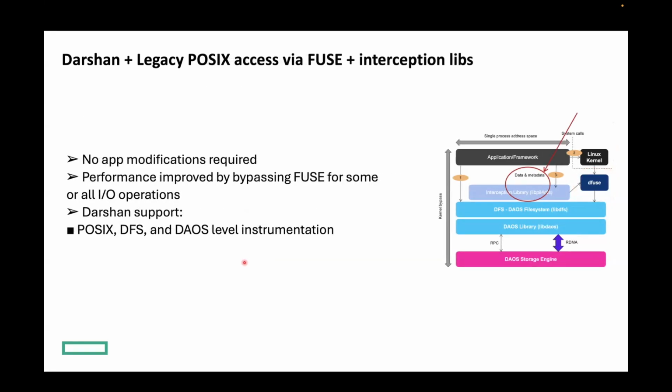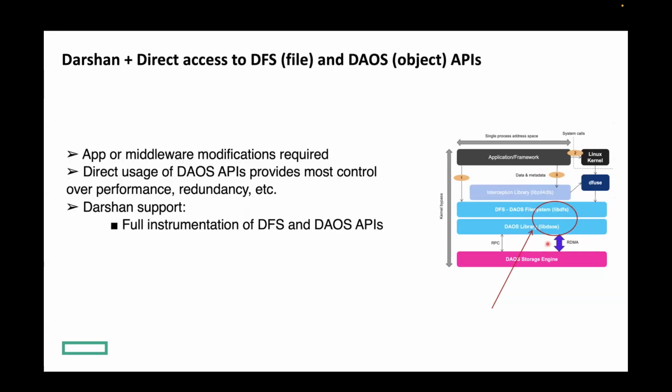And this is with the interception library. Same thing with POSIX, and you'll be able to collect Darshan statistics even from POSIX interception. And even if you're using the lower-level libDFS APIs, DFS init, DFS write, DFS read, you'll be able to instrument the full IO.